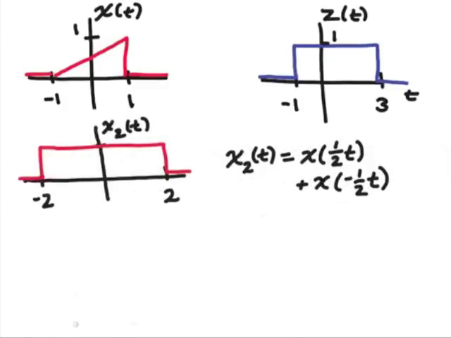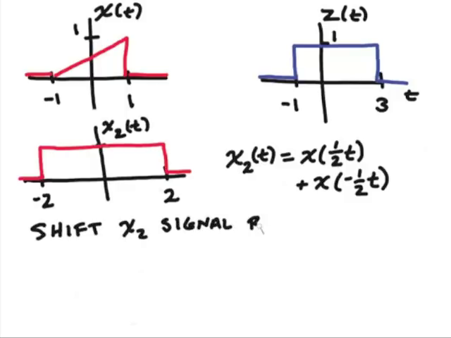So now we've created a pulse signal from our original x of t, and this pulse signal has the same width as z of t. So it's clear we're very close to finished. But there's one more step. Our pulse x2 of t starts at -2 seconds, while z of t starts at -1 second. So what we need to do, obviously, is a time shift.